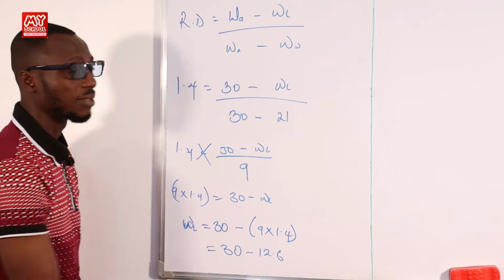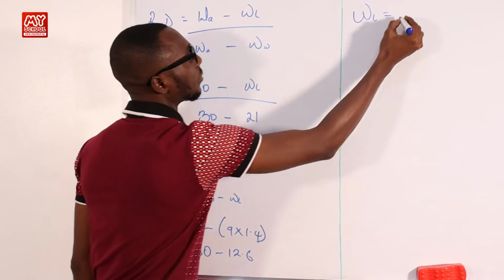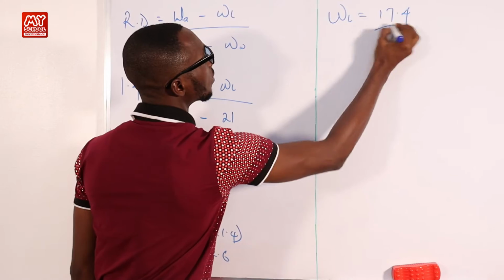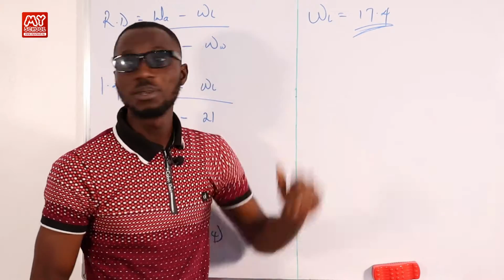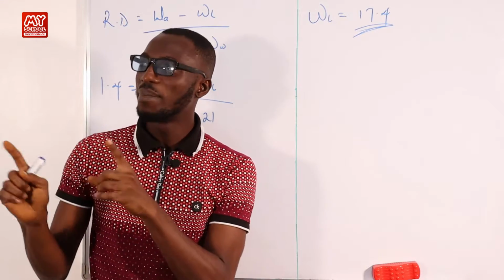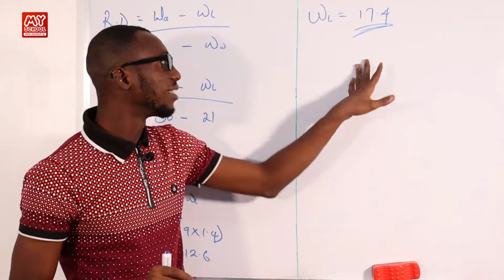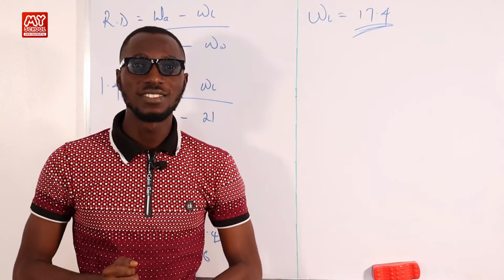And when we subtract this, we would have 17.4. So we can see from our solution here that the weight of the object when completely immersed in a liquid is 17.4. So going through our options together, option B is very correct.